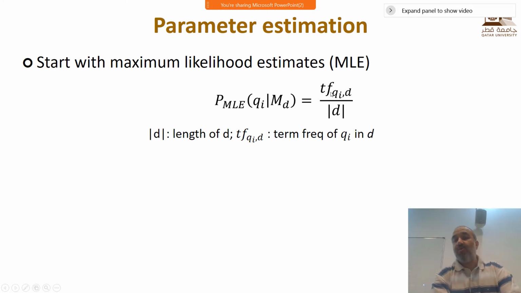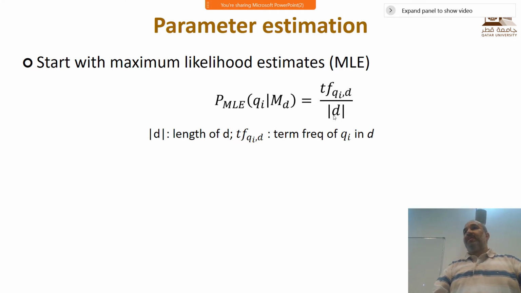So this is TF of Qi and D. What is TF? Term frequency. The number of times that word appeared in document D, divided by the length of the document. This is what we call the maximum likelihood estimate.